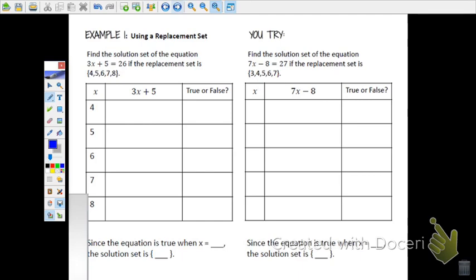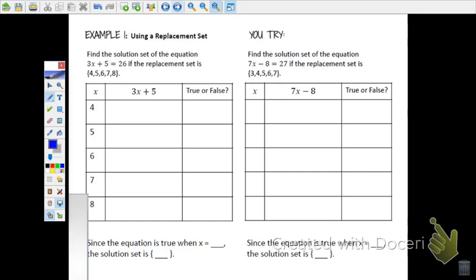So as I mentioned with vocabulary, one way that we can work with these is to use a replacement set. So it says to find the solution set of the equation 3x plus 5 equals 26 if the replacement set is, and then they give us the numbers to replace. So we're using this chart.